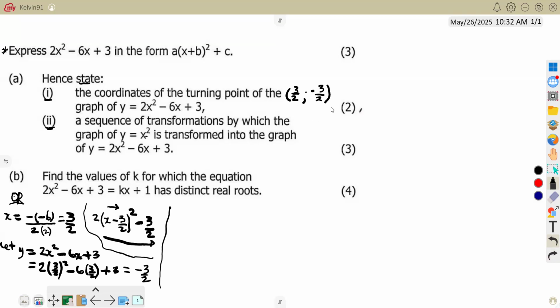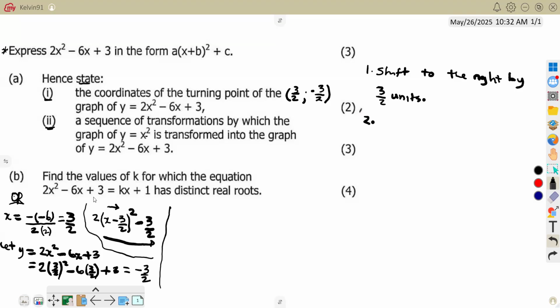So, a sequence of transformations, number 1, there was a shift to the right by how many units? Shift to the right by 1.5 units, by 3 over 2 units. Then number 2, after the shift, we put the 2 there.